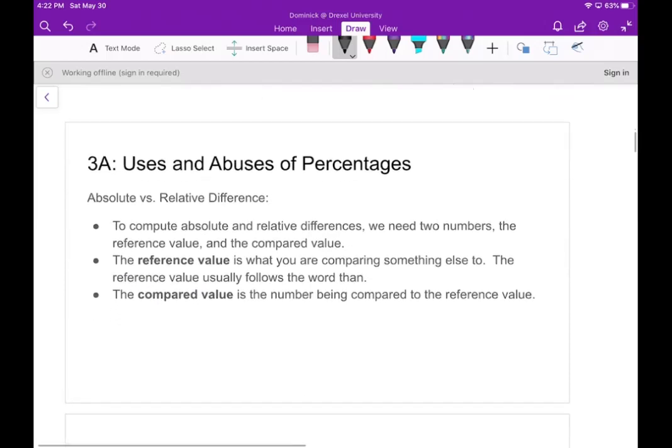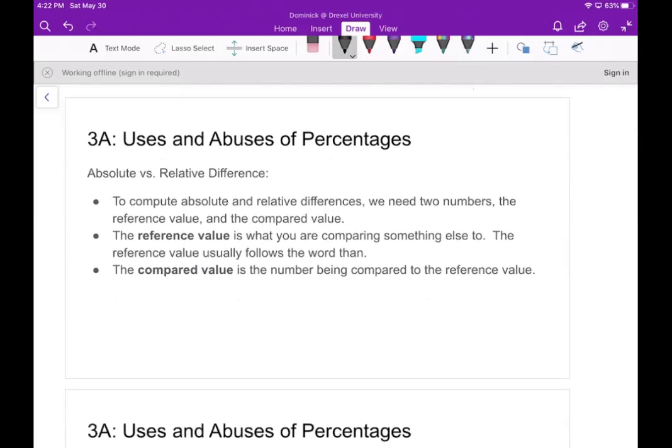Okay. Now, a concept that's very heavily related to absolute and relative change is known to be the relative difference. All right, which is really the same thing, except we're really just renaming the new value, and instead, we're calling it the compared value, right?